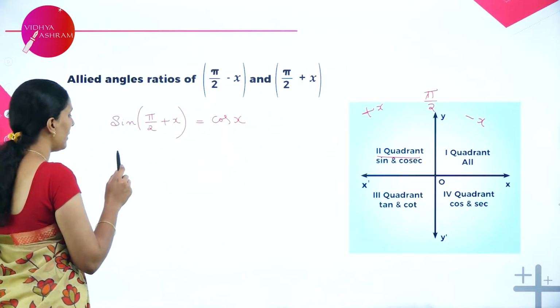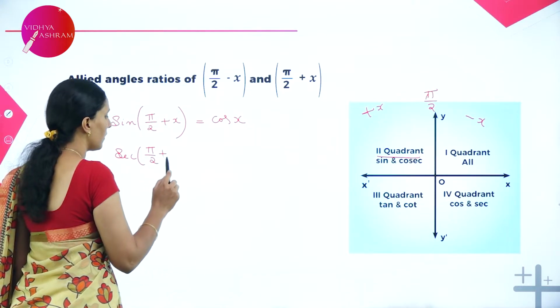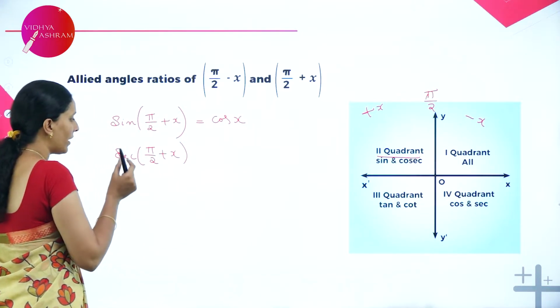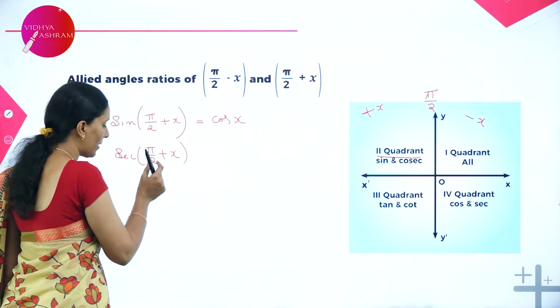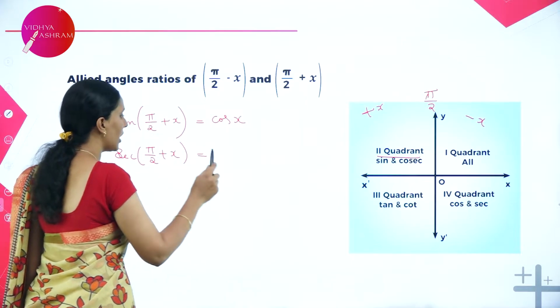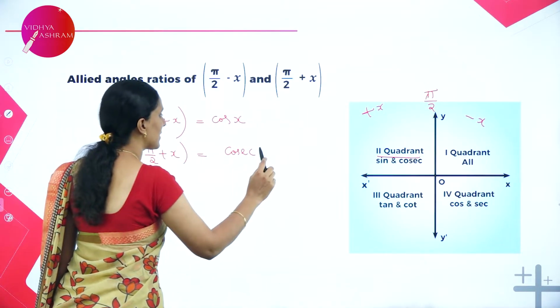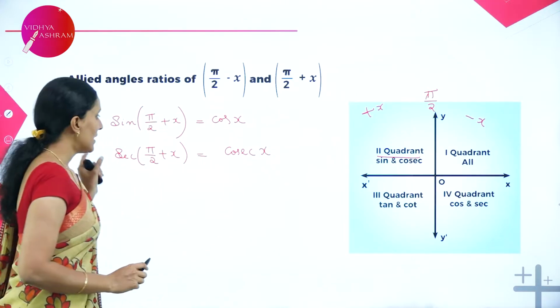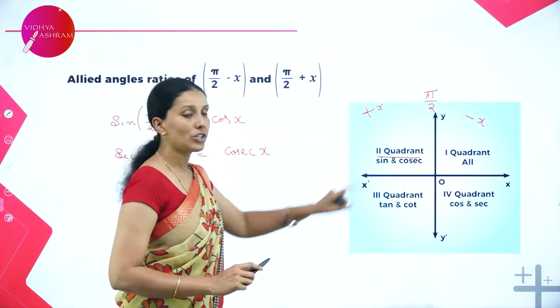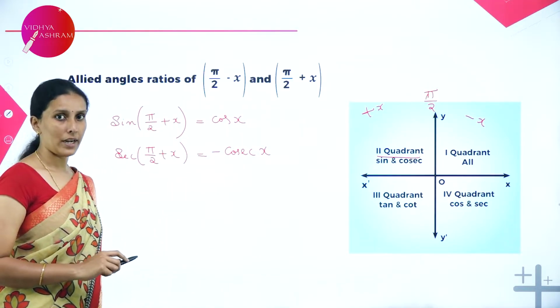Now take secant of pi by 2 plus x. I told you whenever the angle is added to pi by 2, the function changes to its co-function. So secant should change to cosecant, and pi by 2 plus x is written as x. Since secant is negative in the second quadrant, we get the value as minus cosecant x.